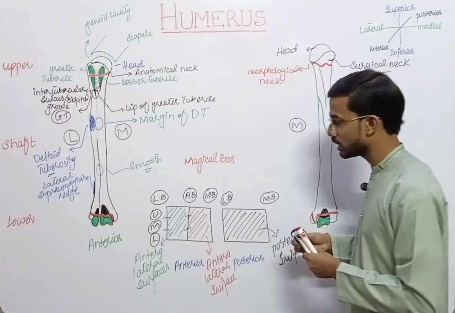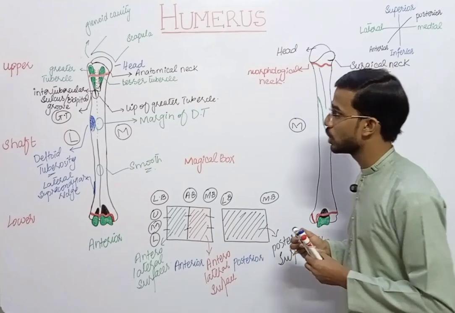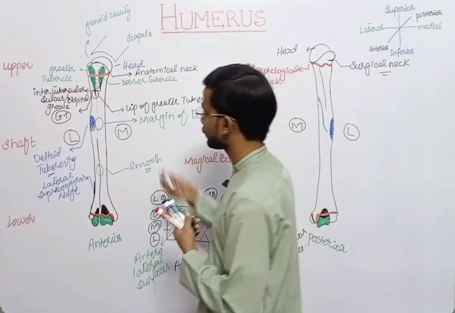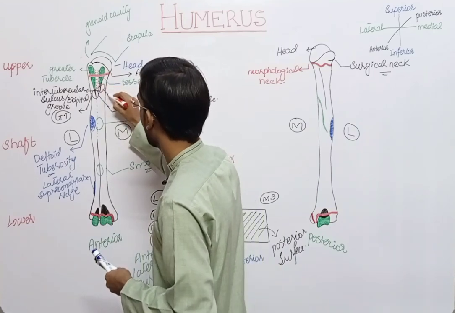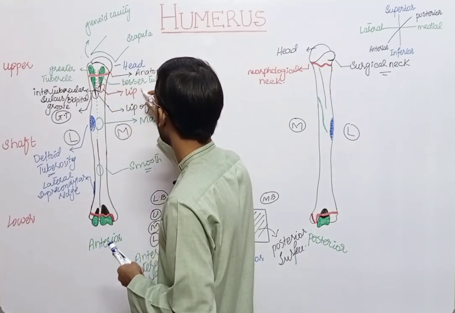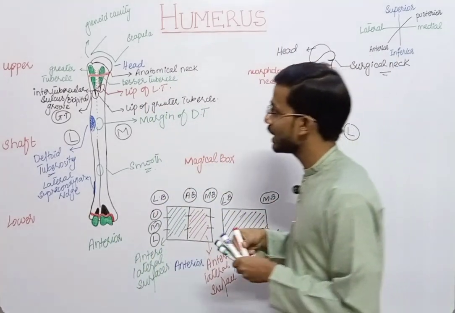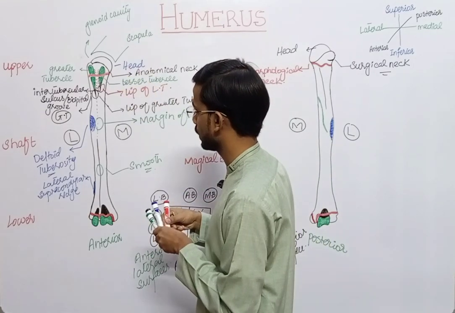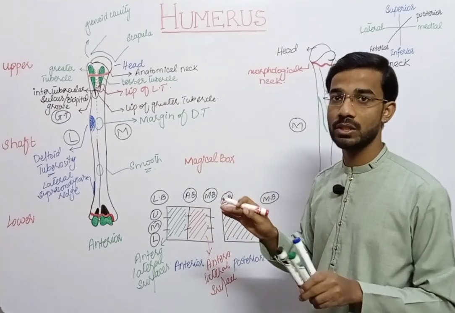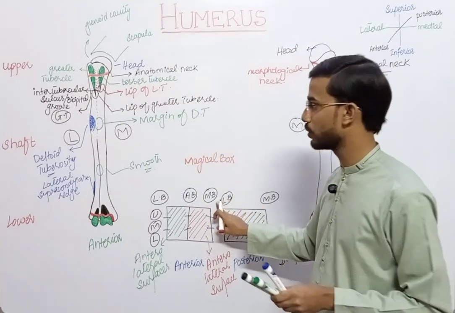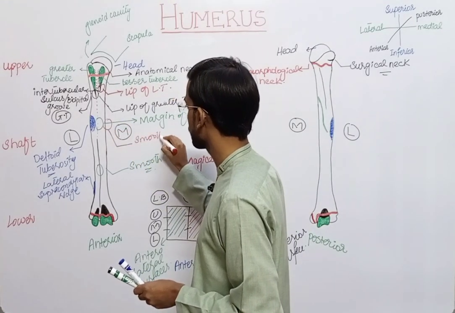And the medial border is also divided into three portions: upper, middle, and lower. At the medial border there is a lip of the lesser tubercle, present at the upper portion. And if we move forward, at the middle side there is no such component present at the medial border, which is actually smooth.